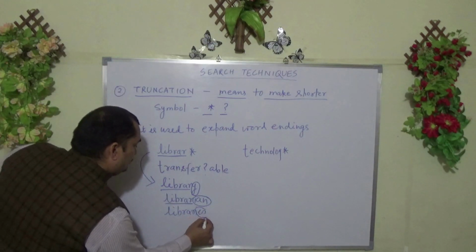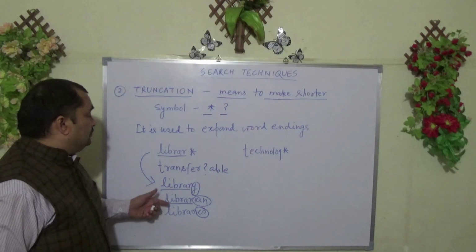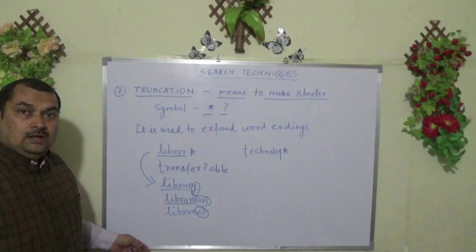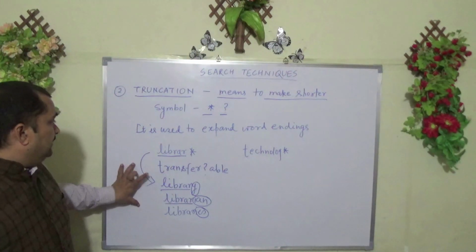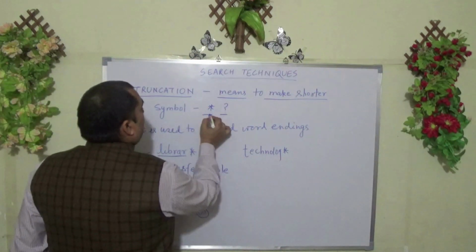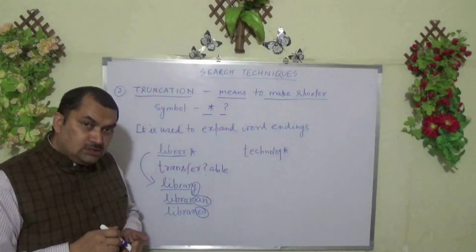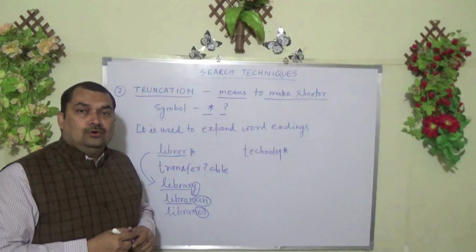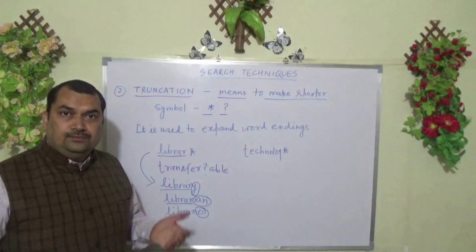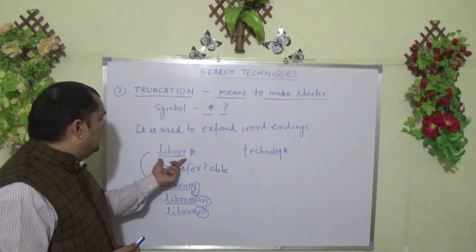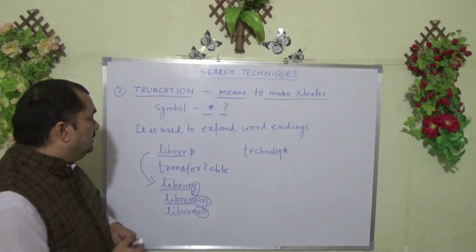It can also predict libraries, and it may also predict librarianship. So what is happening? It is used to expand our word endings. Sometimes we are not sure. Some of the word we know and we don't know the full word, so what result we may get. In that case we can use the truncation.